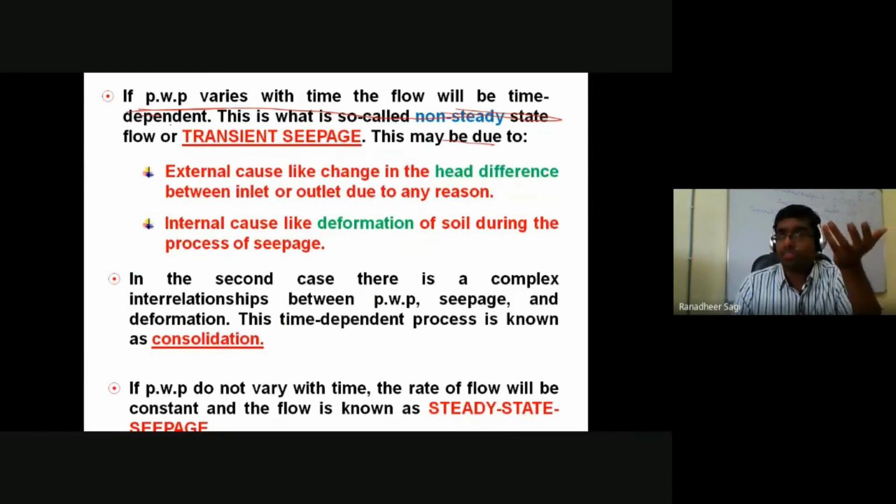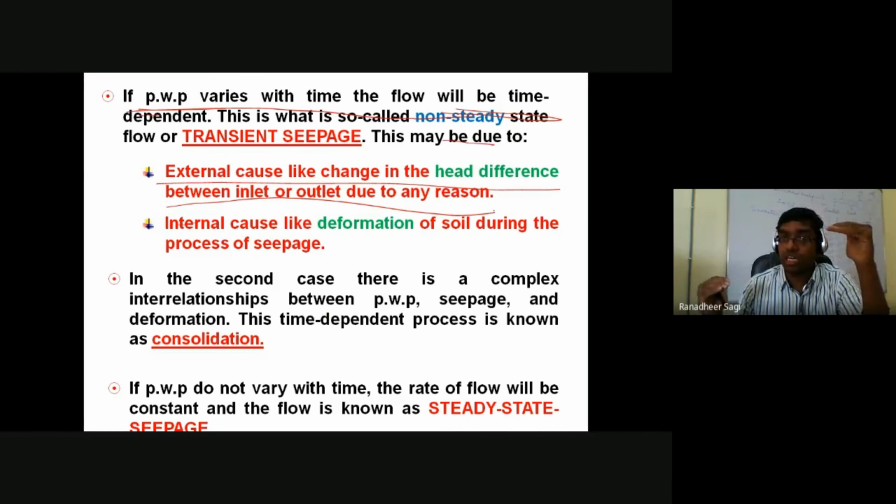When do we come across non-steady state flow or transient seepage conditions? Whenever we have an external cause, like a change in the head difference between inlet and outlet due to any reason. If the total head difference between upstream and downstream is not constant, we come across non-steady state. Why?